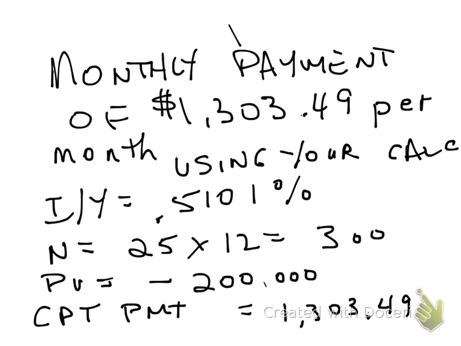Our loan amount or mortgage amount, a present value of minus 200,000. We're getting that money from the bank or whatever financial institution we're using. And so we compute our payment amount and we come up with our $1,303.49. So that's the quick 3 steps to calculating a Canadian fixed mortgage, and we'll do another video on the calculator.